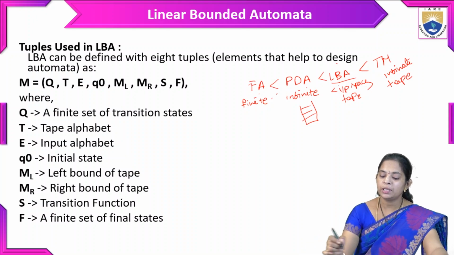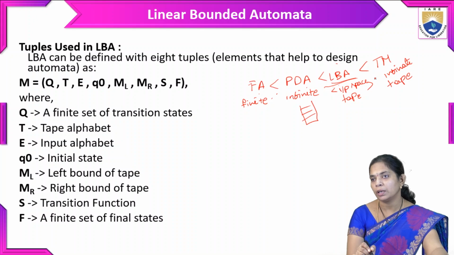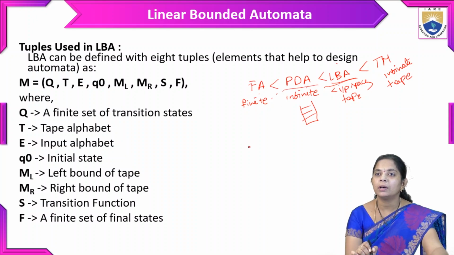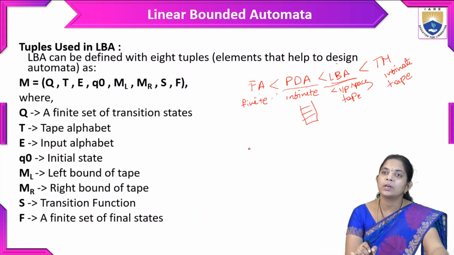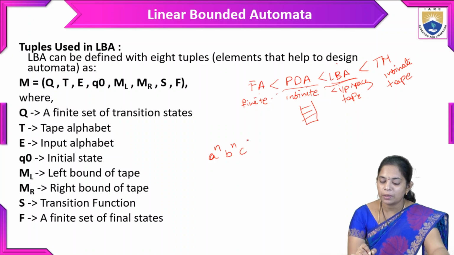So what are the limitations? We are discussing linearly bound automata. What types of languages can we not construct a PDA for? In the previous videos, we discussed the example a power n, b power n and c power n.